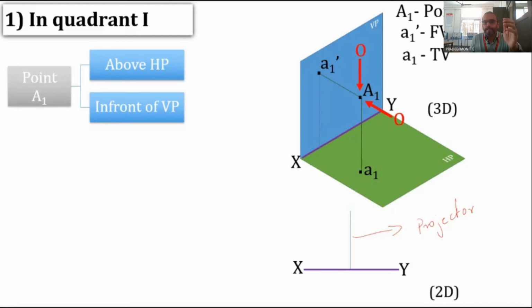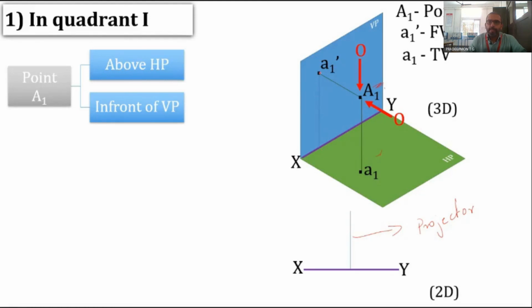So now we know that A1 dash should be somewhere on this line, and the distance between XY and A1 dash should be equal to the distance between A1 and HP. It should be the distance between capital A1, the point in 3 dimensions, and the HP. That should be equal to the length of this line.